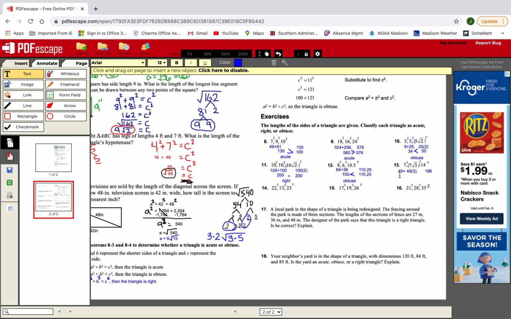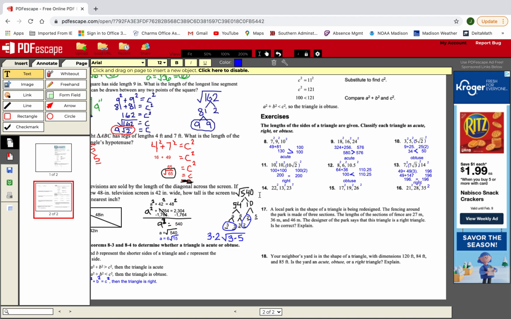So here I have 49 plus 147, and over here I have 196 still. 49 plus 147 is 196. What do you know? 196 actually equals 196. So I can see that this is a right triangle.